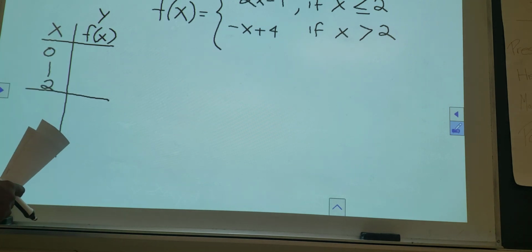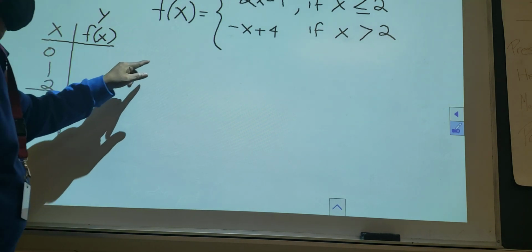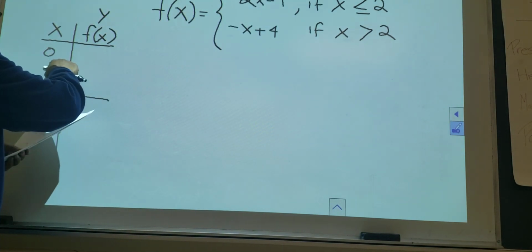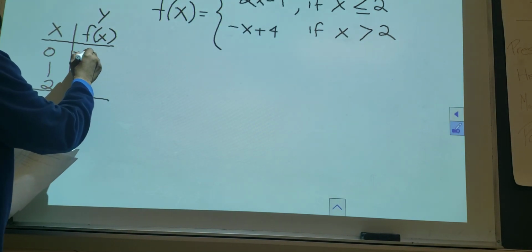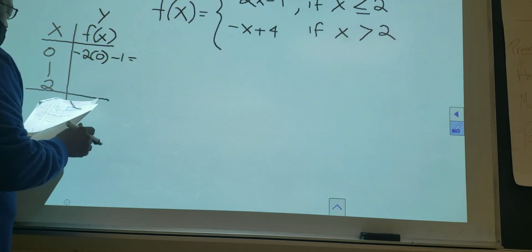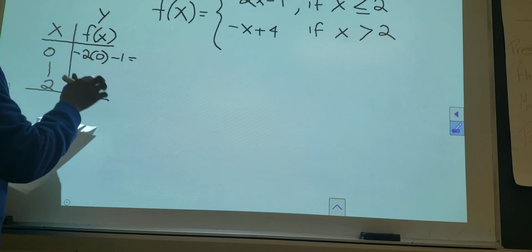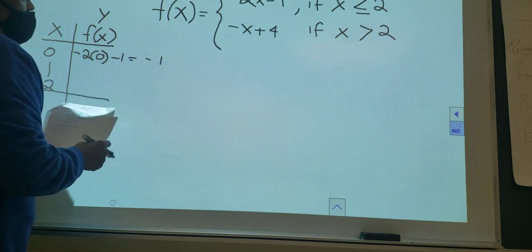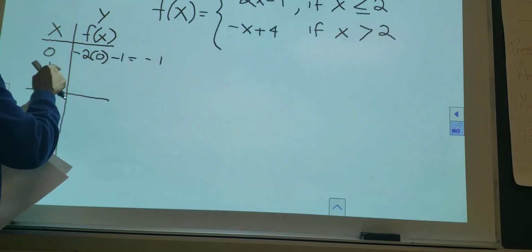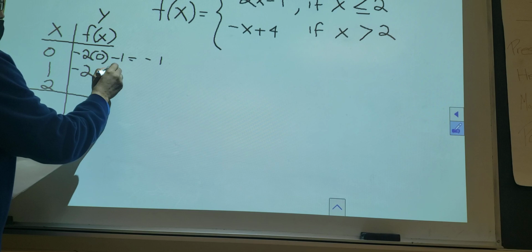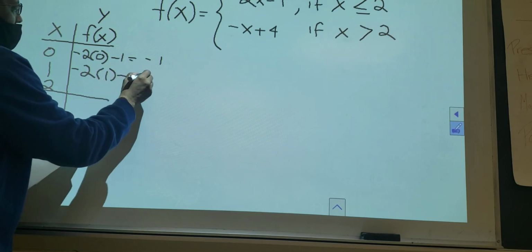So let's plug x into this function. If I plug in 0 here, I'll have minus 2 times 0 minus 1, so that'll be 0 minus 1, so that'll be minus 1. When I plug in 1 for x, I'll get minus 2 times 1 minus 1.